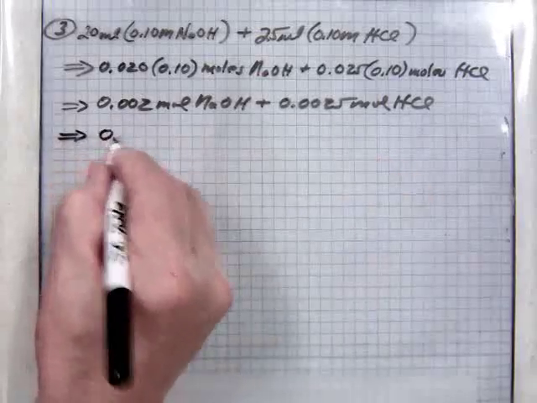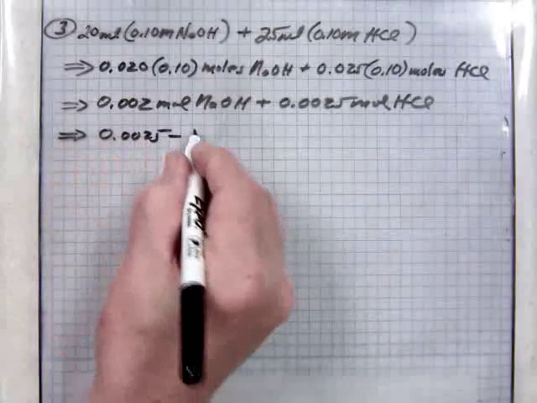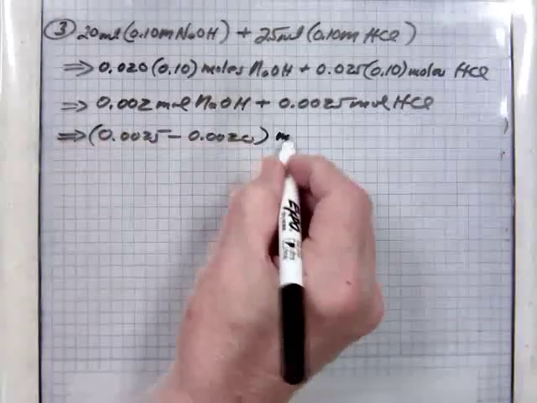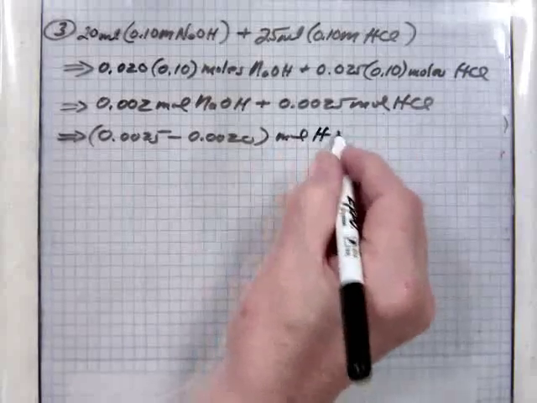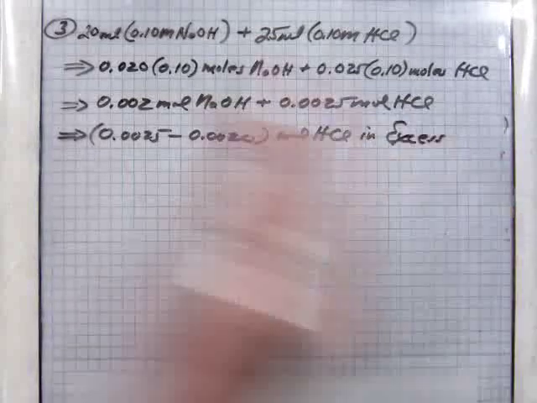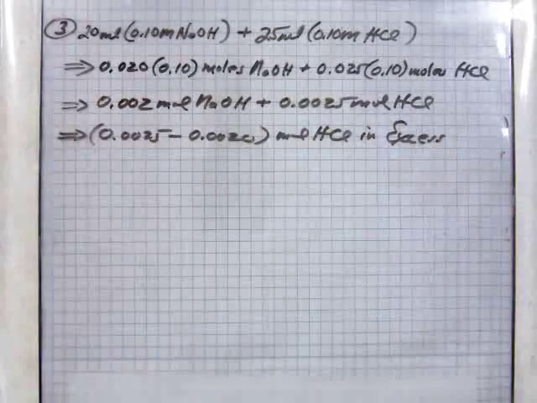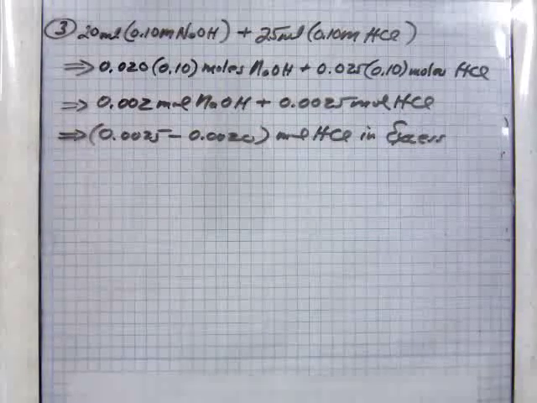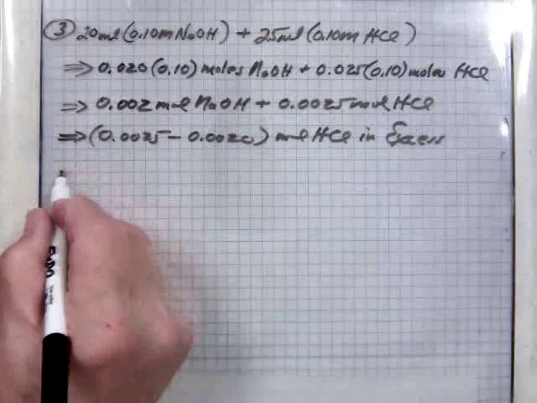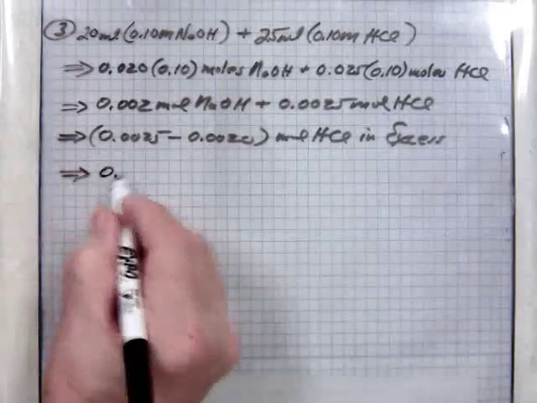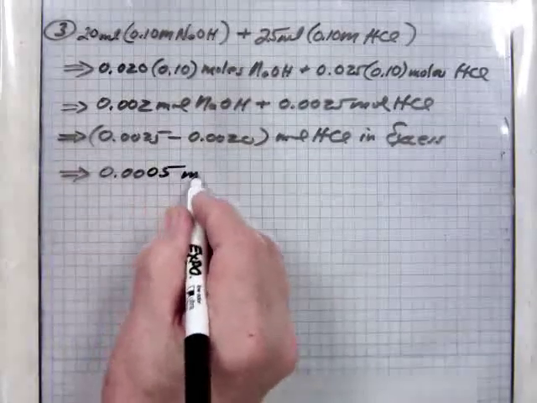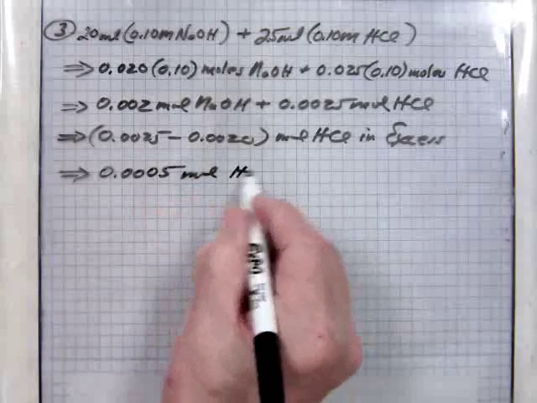That's 0.0025 minus 0.0020 mole HCl in excess. You're not concerned about the sodium chloride because it doesn't affect the pH. Sodium and chloride do not undergo hydrolysis. So this gives us 0.0005 mole of HCl excess.